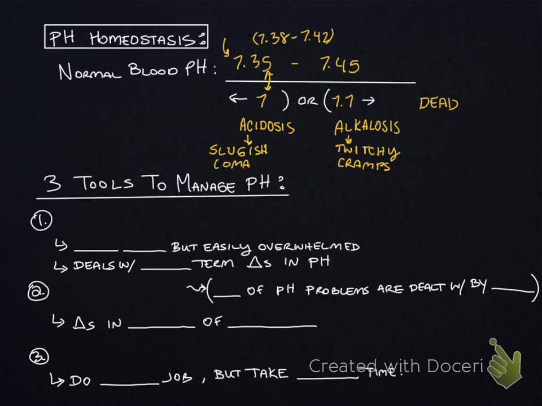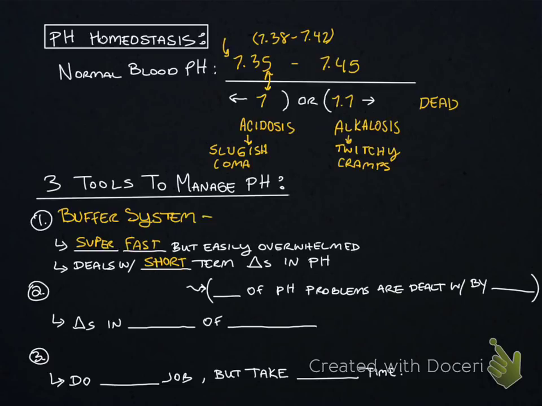So the first one, this is like the super fast system. It's super fast, but easily overwhelmed. It deals with short-term changes in pH, and that is your buffer system. That is your body's buffer system. And what is the main buffer in your body?